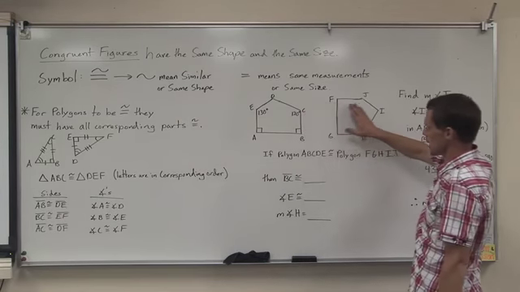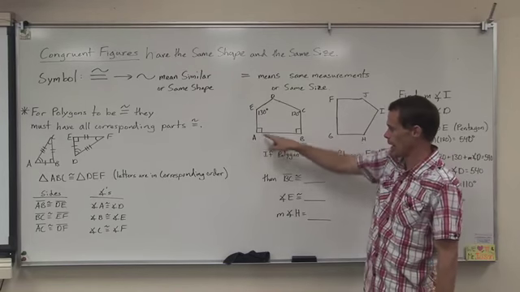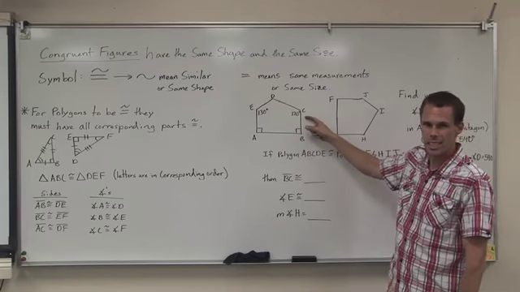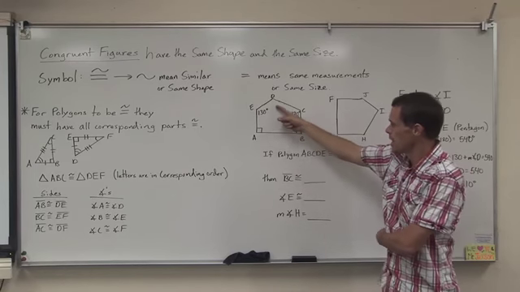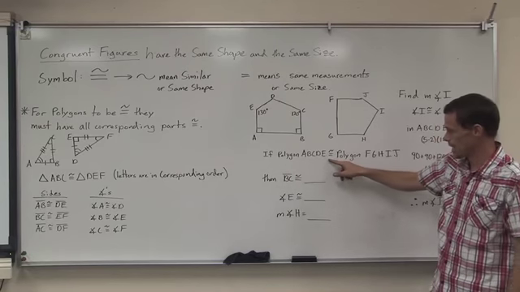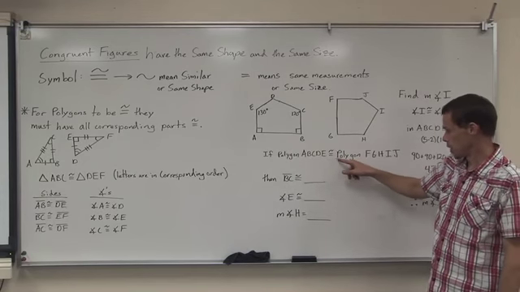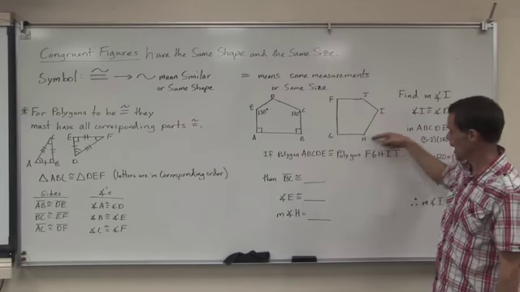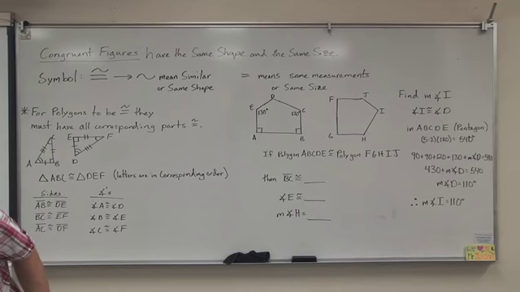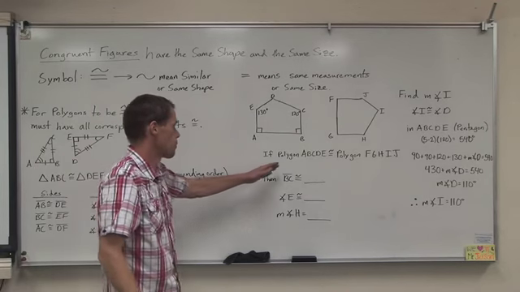Okay, so let's take a look at these two shapes here. Here is polygon ABCDE. A and B are right angles, C is 120, E is 130, D, I don't know. If polygon ABCDE is congruent to polygon FGHIJ, can we answer the questions that are on the screen here?